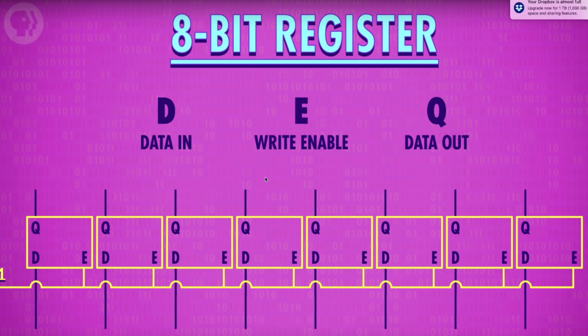And for 32, you need 65, and for 64 you need 129, and for 128 you need 257, and for 256 you need 513, and so on. So there's going to be a lot of wires. So you probably want to lay the registers in a matrix or grid.